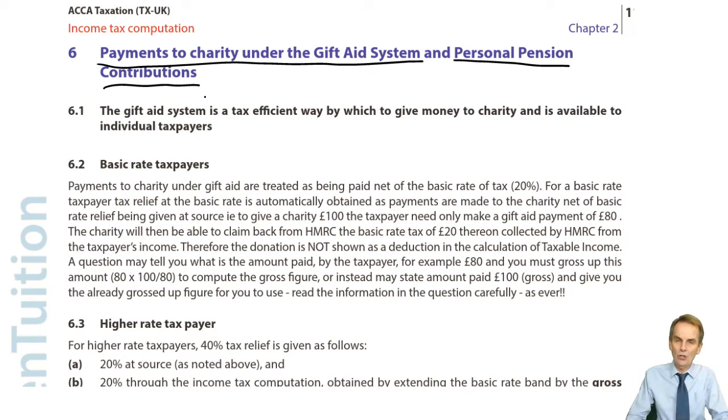Again, pension schemes are set up so that individuals through their working life can pay into them so that when they retire, they'll be able to receive a hopefully reasonable pension to keep them going in the way that they would wish to be kept going for the rest of their days.